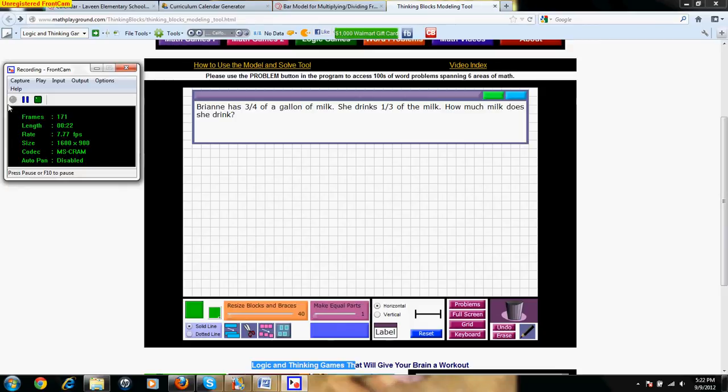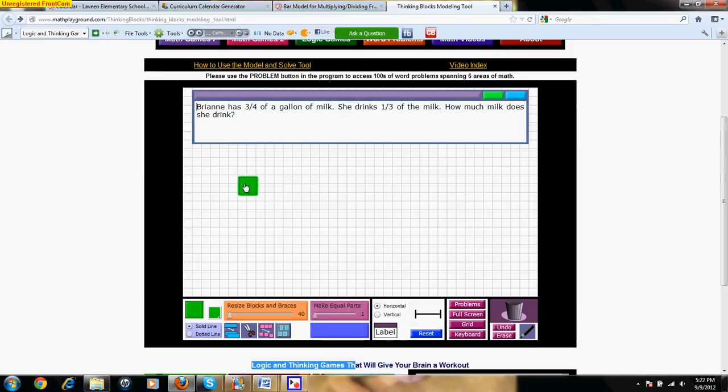So the first thing we have to do is show the gallon of milk. I'm going to go ahead and use this tool to help me draw this. I'm going to make this entire bar equal all of the milk. So we'll use this to help show that and give it a label.